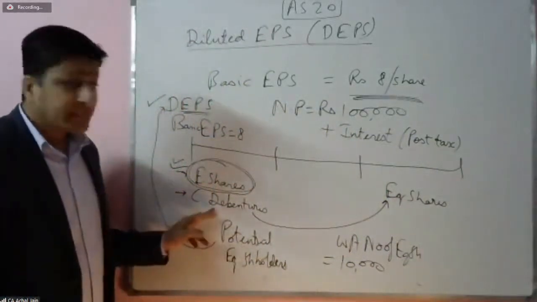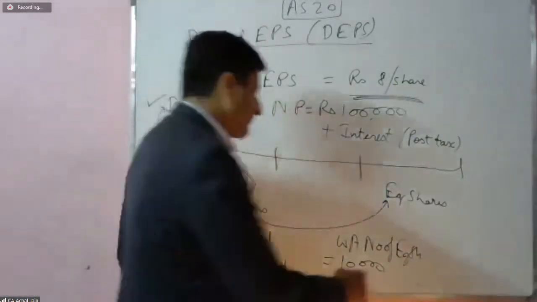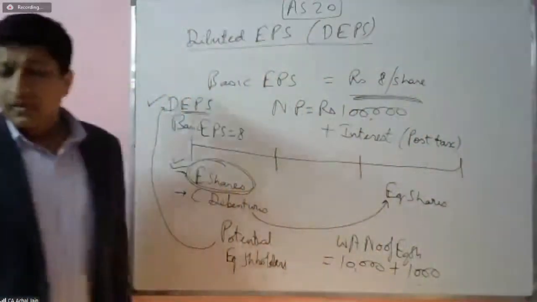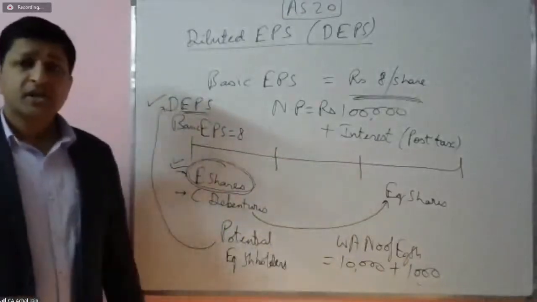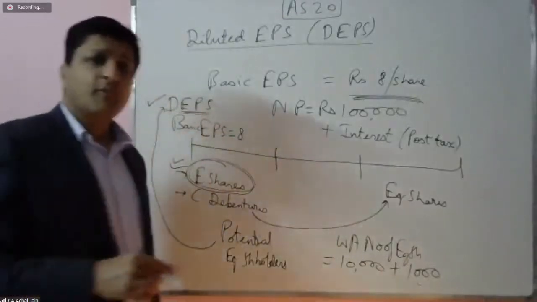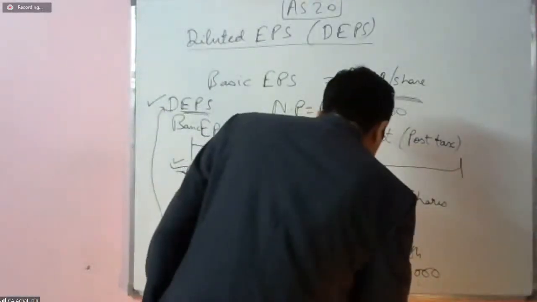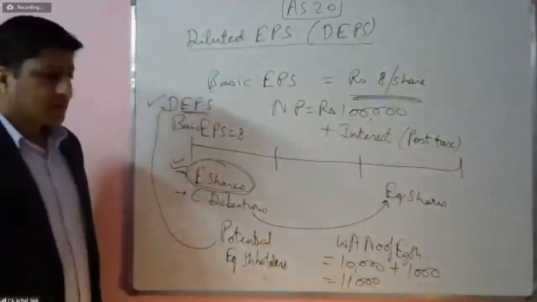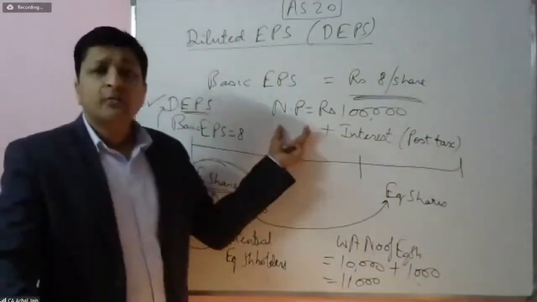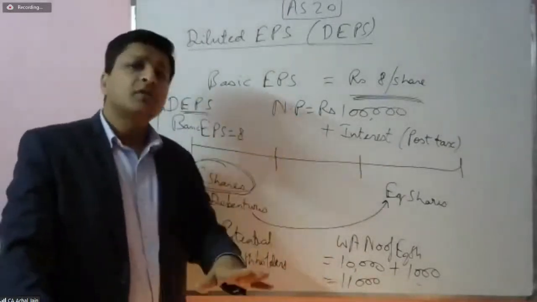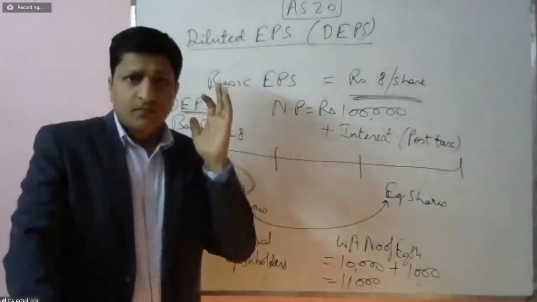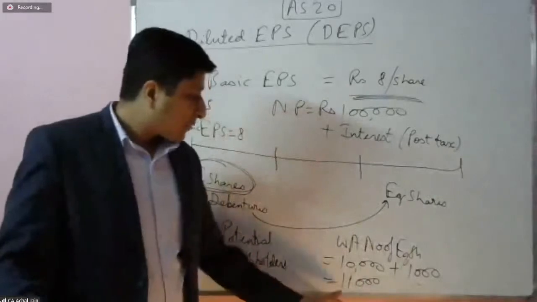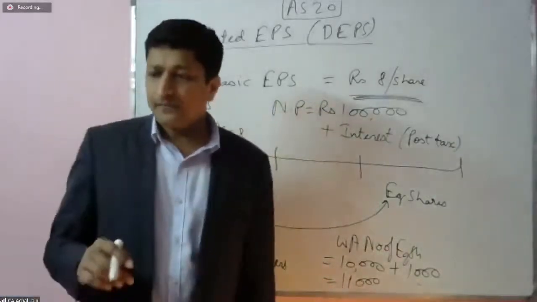Let's suppose they were to get 1,000 shares. So we will consider that 1,000 shares today itself, by which the number of equity shares for the purposes of our denominator will change to 11,000. Correct? So at one place, the numerator will change, wherein we are sure that the profits will increase. There is no doubt about it. And in the denominator, we are sure that the number of equity shares will increase.